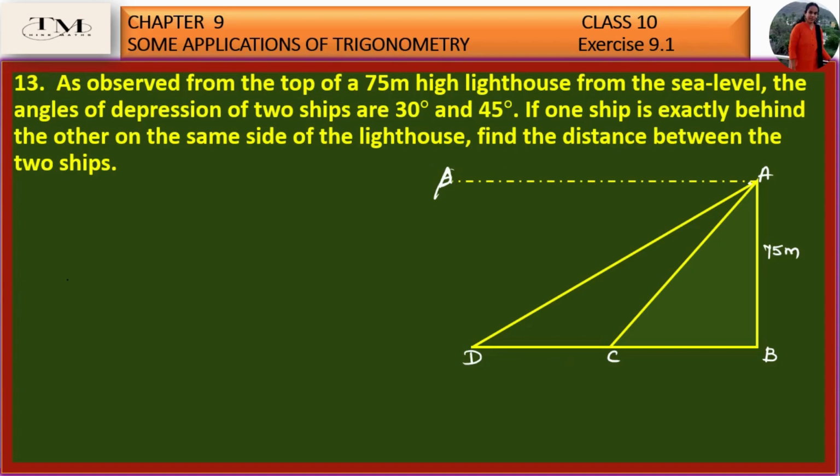PAD will be 30° and PAC will be 45°. Now we have drawn PA parallel to DB, so AD will be the transversal. If AD is the transversal, then alternate interior angles are equal.